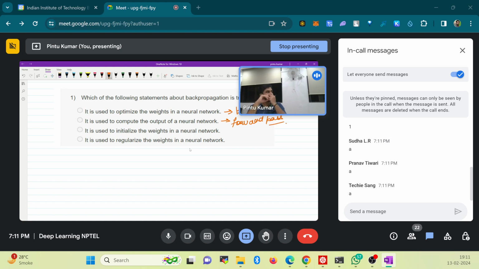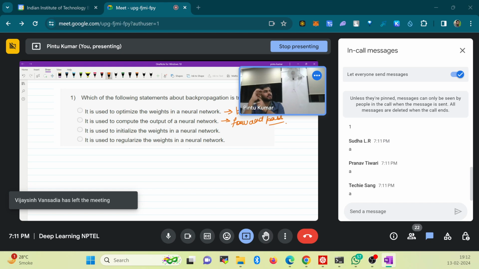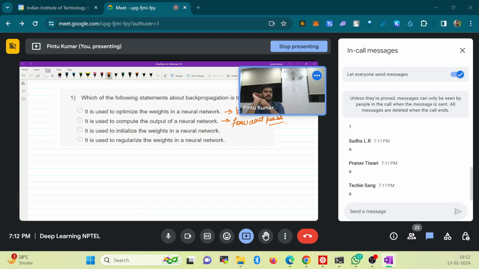Loss function is not, I won't say the output layer in some senses, but yes, this should be forward pass. The second thing, it is used to initialize the weights. This is just initialization. And the last one is regularization. That also we would do somewhere.